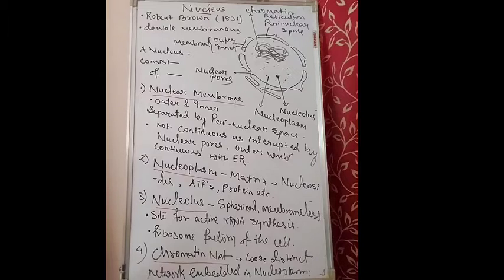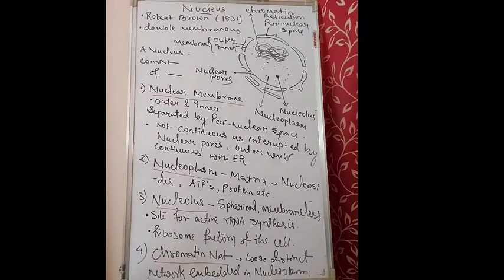I have written that it is the site for active rRNA synthesis, so it is known as the ribosome factory of the cell. Larger and more numerous nucleoli are present in cells that are more involved in protein synthesis. Large numbers of nucleoli may be present in some cells that carry out the function of protein synthesis.